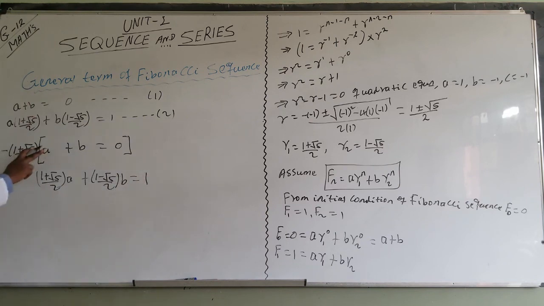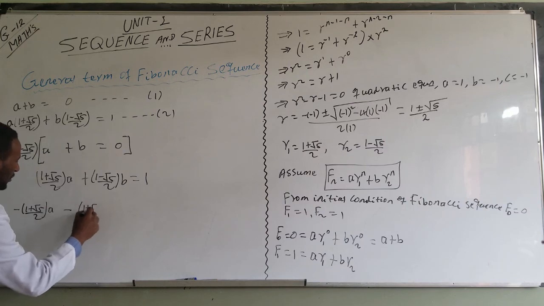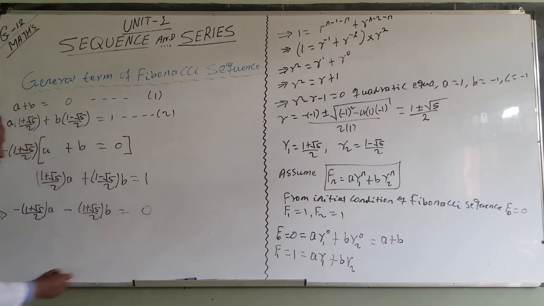Then when we multiply the first equation by negative of (1 plus square root of 5) over 2, it becomes negative (1 plus square root of 5) over 2 A, minus (1 plus square root of 5) over 2 B, is equal to 0.